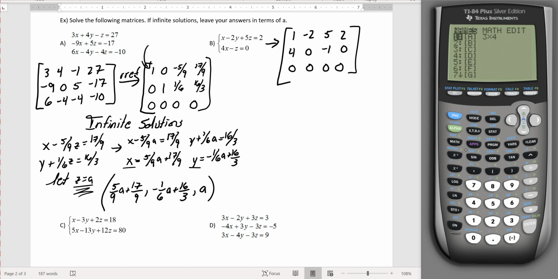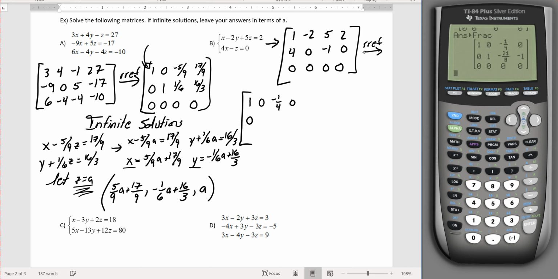Second matrix, math, go up to RREF. Second matrix A, close the parentheses. Alright, let's fraction this up. Math frac. Alright, so need to write the RREF form matrix. So RREF would give me 1, 0, negative 1/4, and 0, 0, 1, negative 21/8, and negative 1, and then a row of zeros.